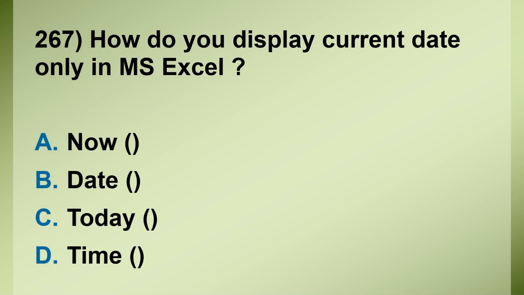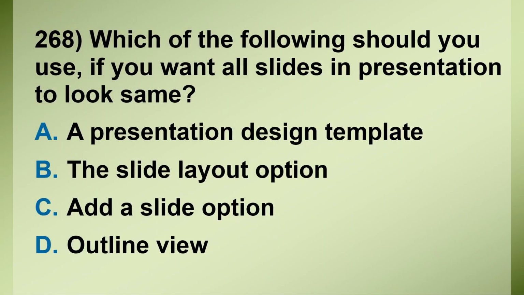How do you display current date only in MS Excel? That is TODAY. Which of the following should you use if you want all slides in a presentation to look the same? It is a presentation design template.